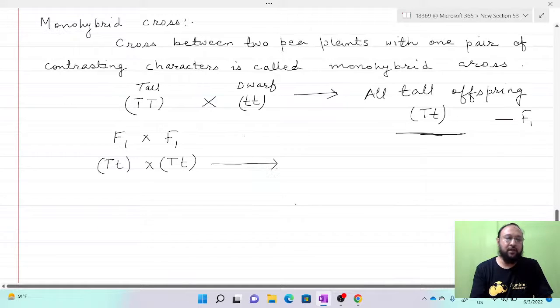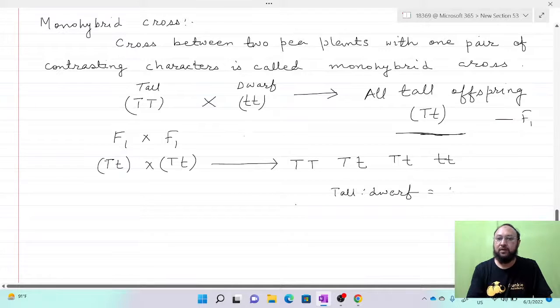After crossing, he found tall plants, heterozygous tall plants, and short, that is dwarf, plants. The phenotypic ratio between tall and dwarf was 3:1, but genotypically the ratio was 1:2:1.